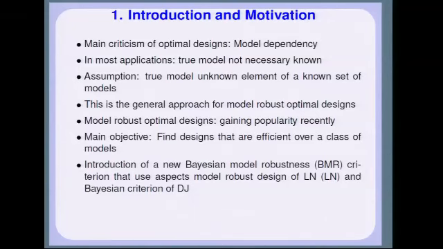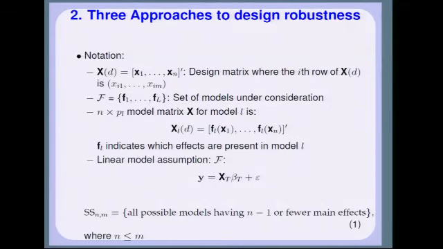Here is a quick notation for the design matrix, and then we have a set of models from which we're going to derive our design. Then we have the model matrix, which is different from the design matrix.